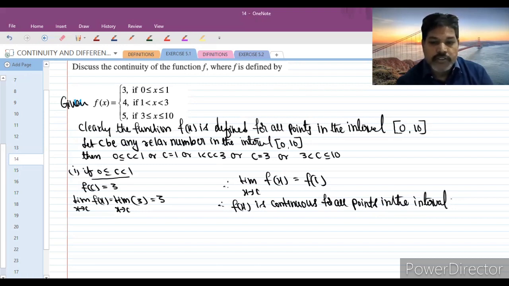What is that interval, students? 0 less than or equal to c less than 1, meaning the interval closed 0, open 1. In this interval, the function is continuous.